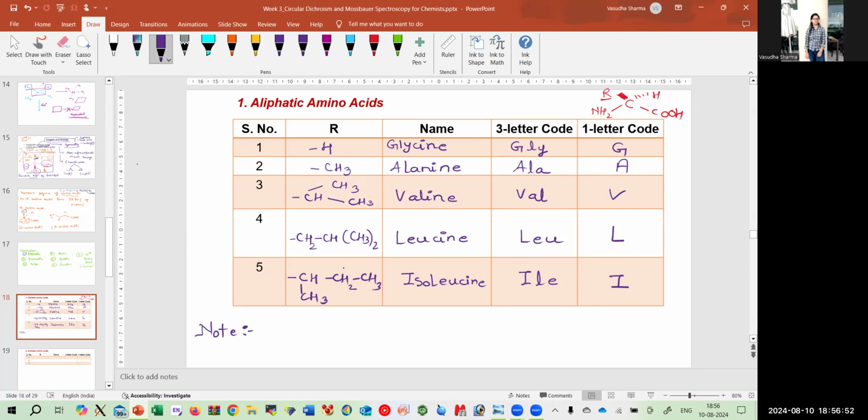You need to know that these aliphatic amino acids are hydrophobic in nature.